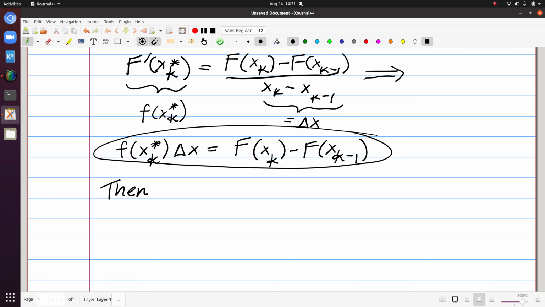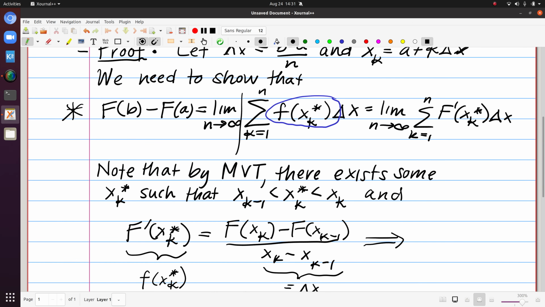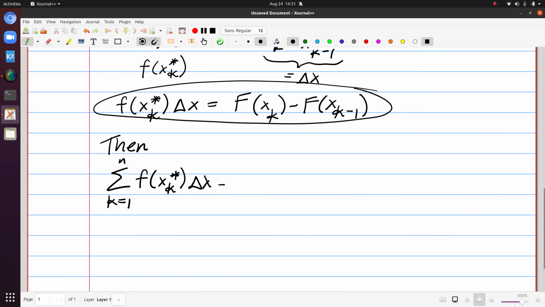So we're starting with, and I'm going to disregard the limit for the moment, the sum from k equals 1 to n of f of xk star delta x. So again, that is what I'm looking at here. Now, what I'm going to be able to say is that that is equivalent to the sum of f of xk minus f of xk minus 1.